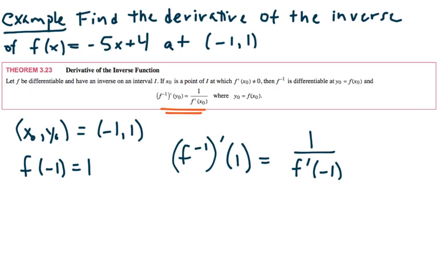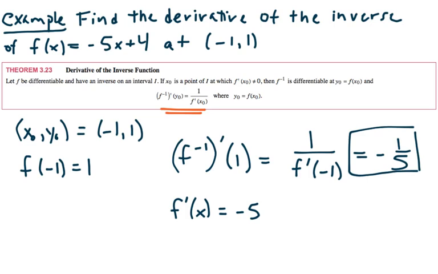All we really need to calculate here is f prime of x evaluated at negative 1. But f of x was originally minus 5x plus 4, so f prime is minus 5. It's a constant. So f prime at negative 1 is still minus 5. So f inverse prime of 1 is equal to negative 1/5. And we're done. If there's an inverse function that's really difficult to find, this formula can save you some time.